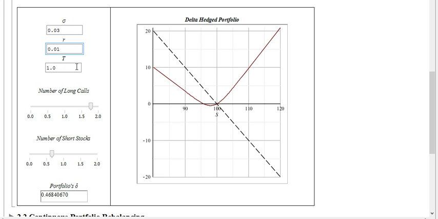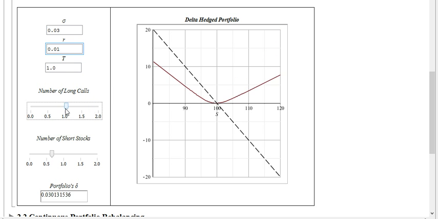All these three sections are editable, so the user can change them in order to highlight some other features of this portfolio. Now, let's toggle a little bit with this slider. What we see, for instance, is that we could have portfolios in which the delta is negative along the way.